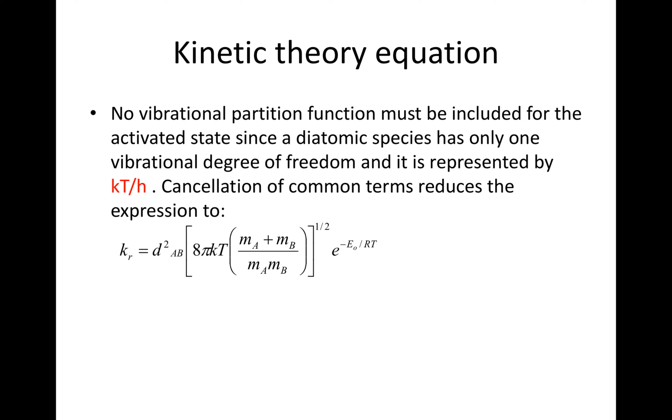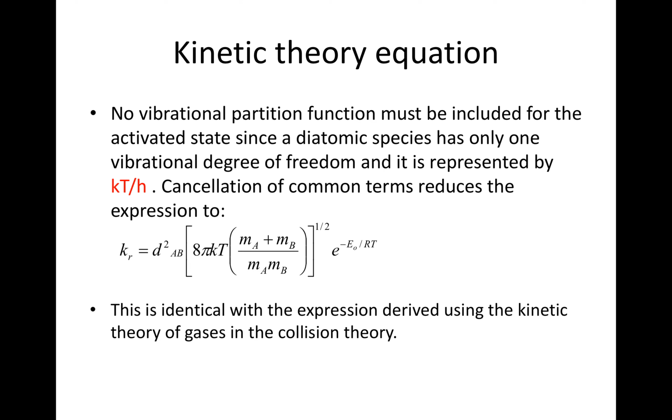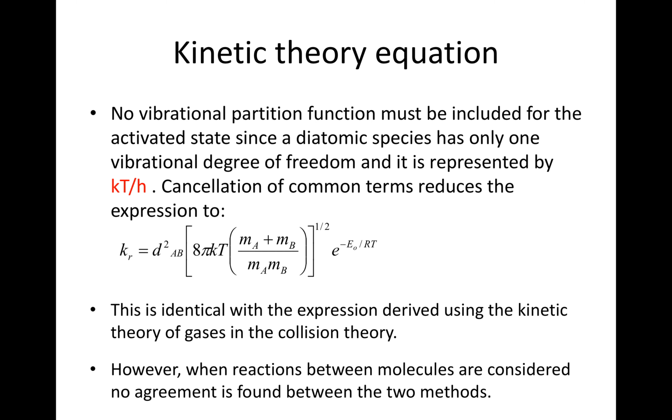Cancellation of common terms reduces the expression to k_r equal to d squared AB into 8 pi k_T into m_A plus m_B over m_A times m_B, all to the 1/2, e to the minus E_0 over RT. This is identical with the expression derived using kinetic theory of gases in the collision theory.